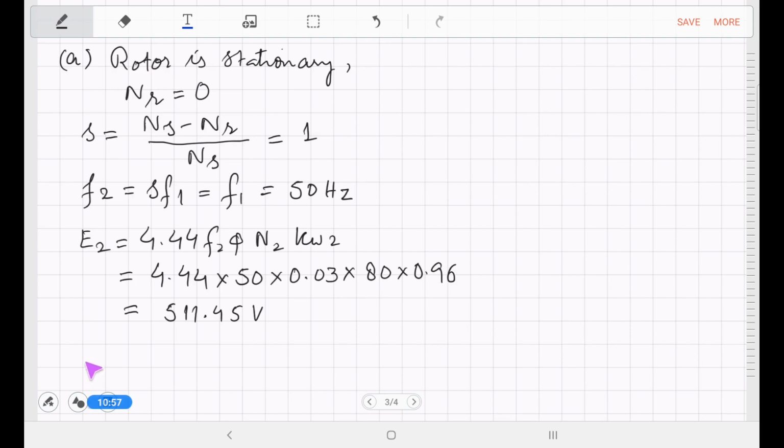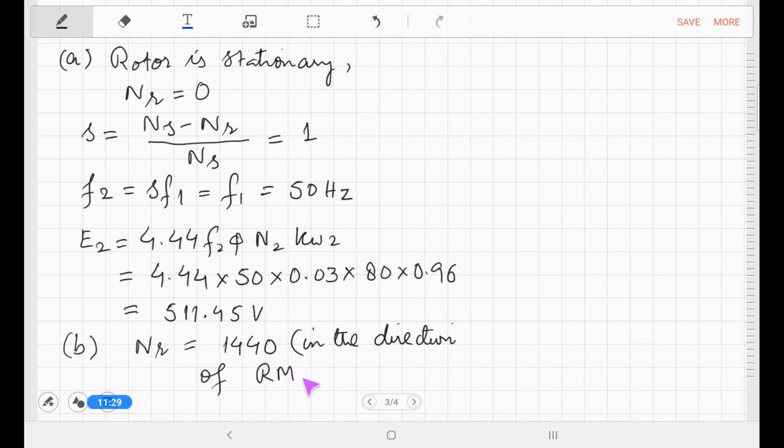Then let's consider the second case, where the rotor is rotating in the direction of the rotating magnetic field at a speed of 1440 rpm. That is, NR is given as 1440 in the direction of the rotating magnetic field. Now first we need to calculate slip, and for that we'll require NS.